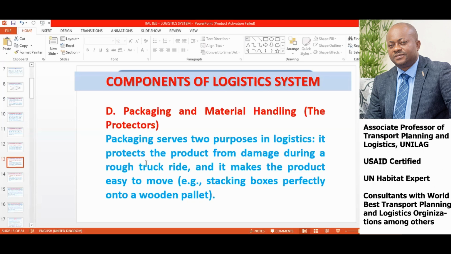Exactly. So in that respect, we talk about the minimum of 7 rights of logistics. And this is the point where you need to take right condition very seriously in the logistics system. Right condition has to do with scratches, damages on product. It is different from right quality.